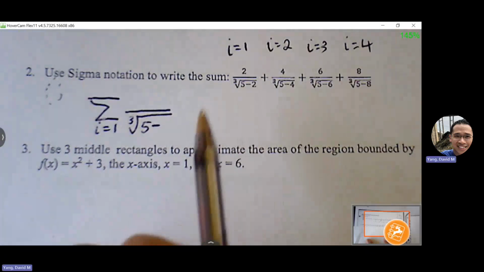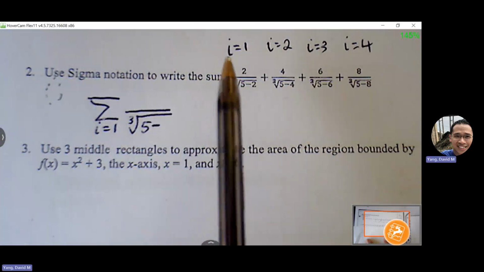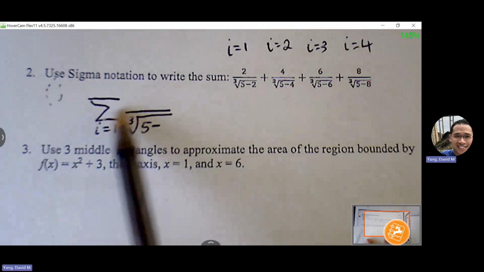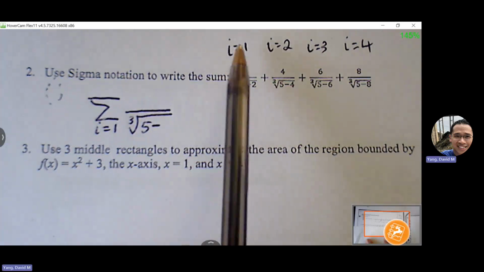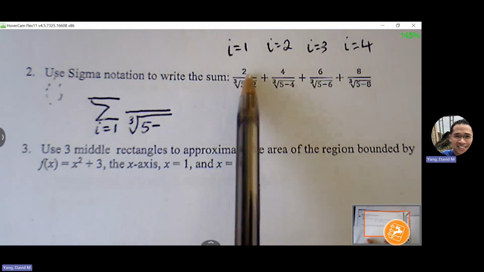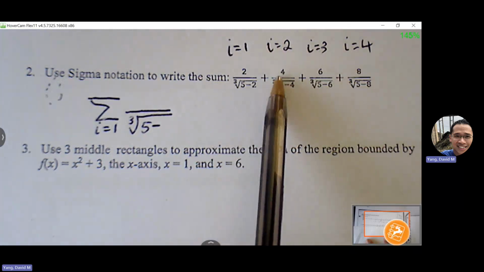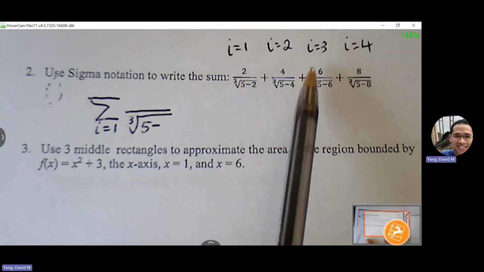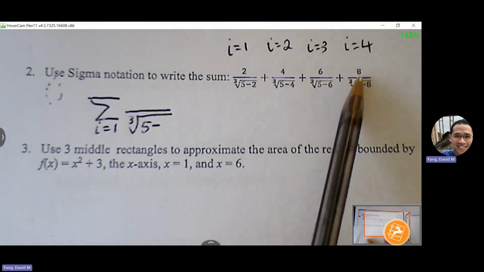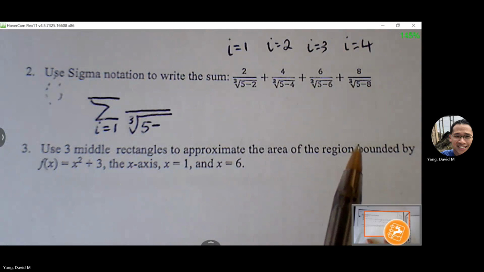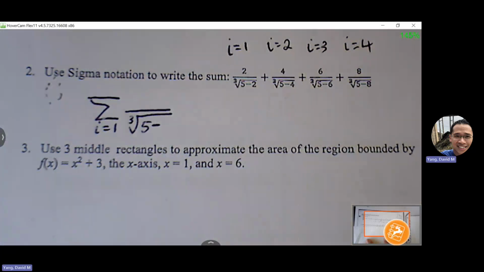So can you think of something that involves i, that if I plug 1 into that rule, I can get 2 when i is 1, and then 4 when i is 2, 6 when i is 3, and 8 when i is 4? 2i. Now, whatever you create, always test it out, right?